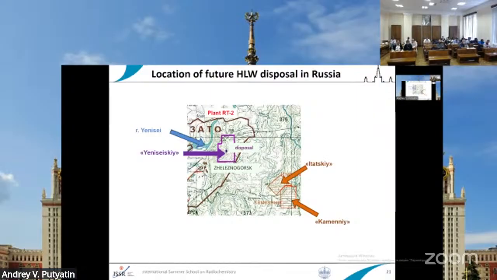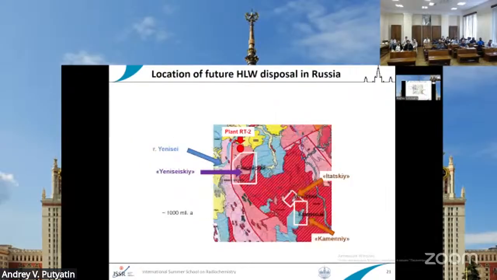Building fences, they are already there. And there is already a railway constructed inside this territory. So there is no need for construction of additional roads and railways for radioactive waste. So from these points, the final decision was for the Yeniseiski site.